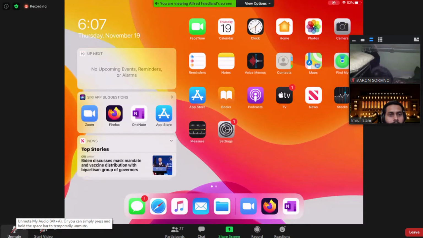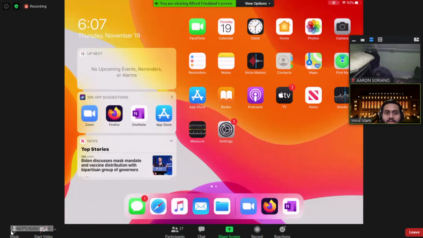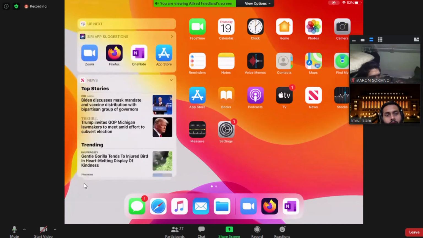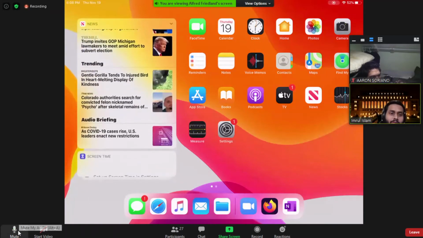You see where it says up next, the calendar, Siri app suggestion, and then you have Zoom, Firefox, OneNote. So around there, just swipe up with your hand. No, the other way, keep going.